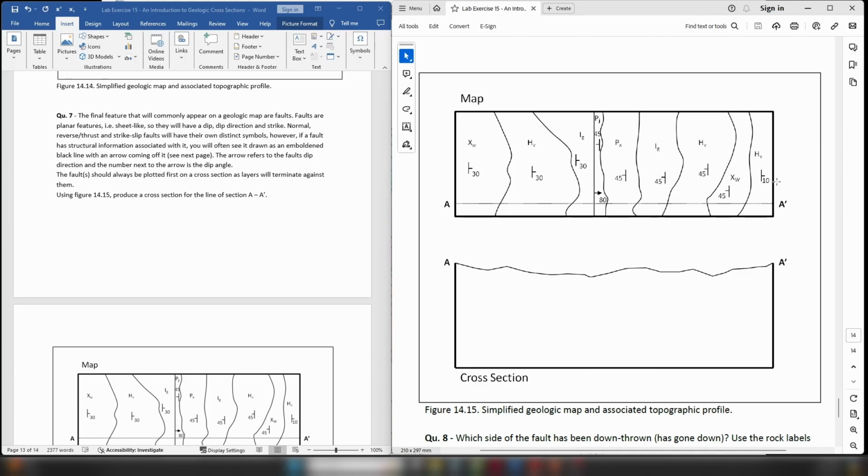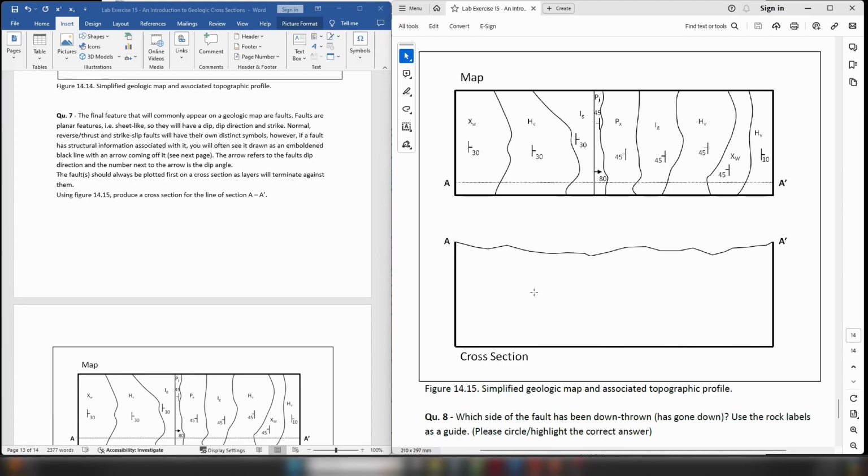This would imply that there may be an antiform or a synform located in this area. So just like on this side of the fault, these boundaries between our rock layers must terminate when they hit the fault plane. They can't go through it. They have to stop when they hit it.